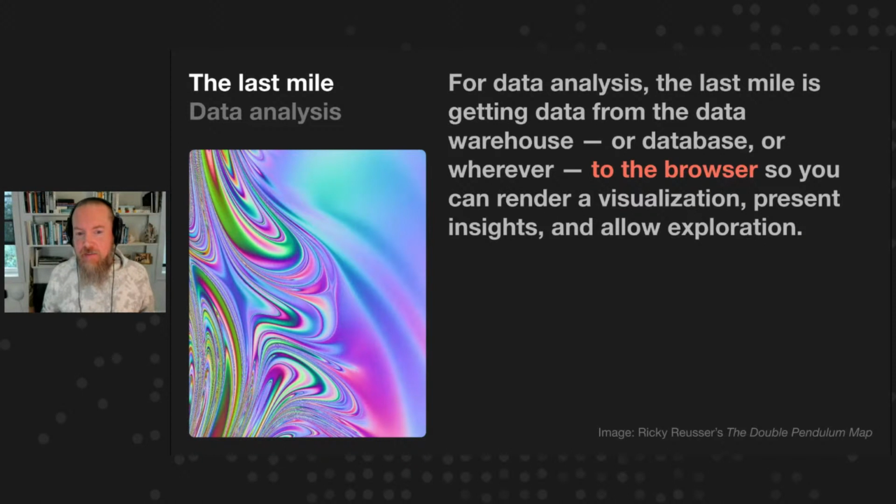So what makes the last mile difficult or expensive for data? Well, first, you may not have a data warehouse. Your data could be in a transactional database that isn't designed for fast analytical queries. Or maybe the specific data you need isn't in your data warehouse yet. Maybe it's in another database, maybe it's in logs, maybe it's in a third-party service API.